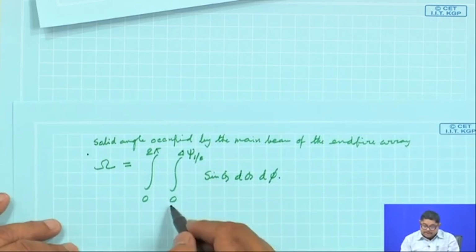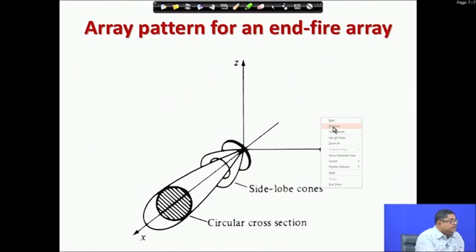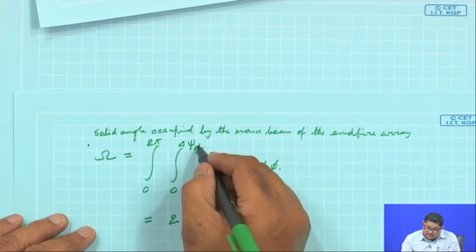Please remember this is not minus to this, because look at the end fire pattern. So, we have only this, suppose somewhere here will be delta psi half to 0, because the other half is not there for end fire in the visible space. So, this if you do, this is simple, because you now have the expression for this thing. So, that will be this expression you know.